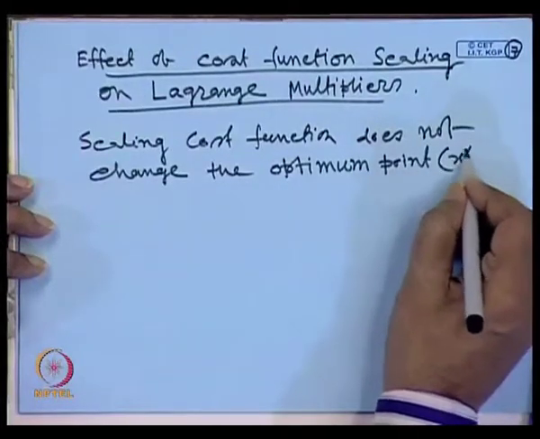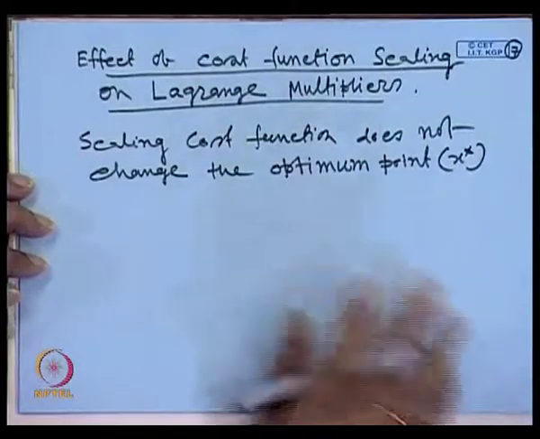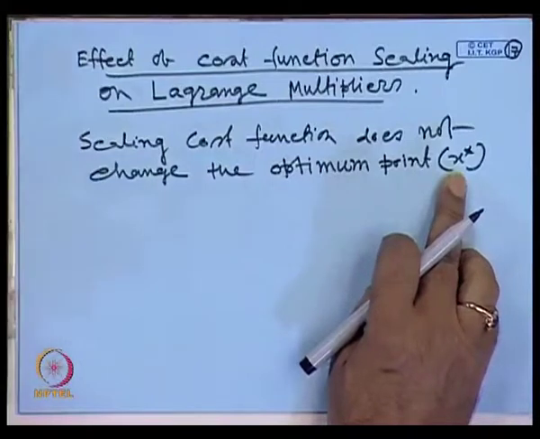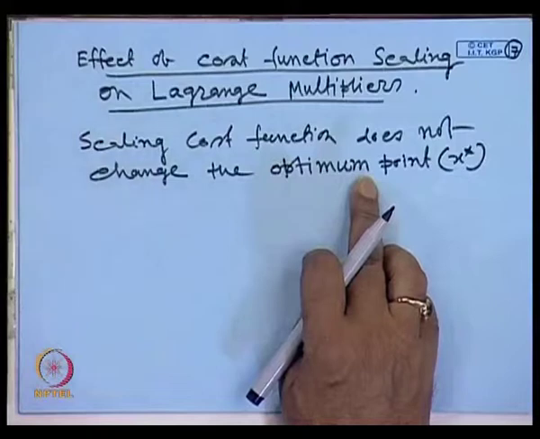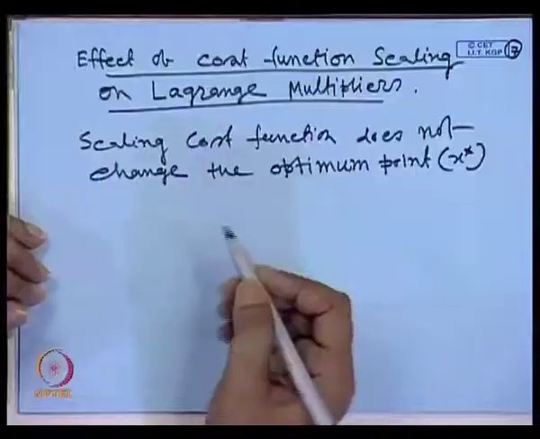That means x star, the optimum point, is the same without scaling. You will get a different optimum value of the function with scaling, but the optimum point will remain unchanged. But the Lagrangian multiplier value will change. Let us see how.